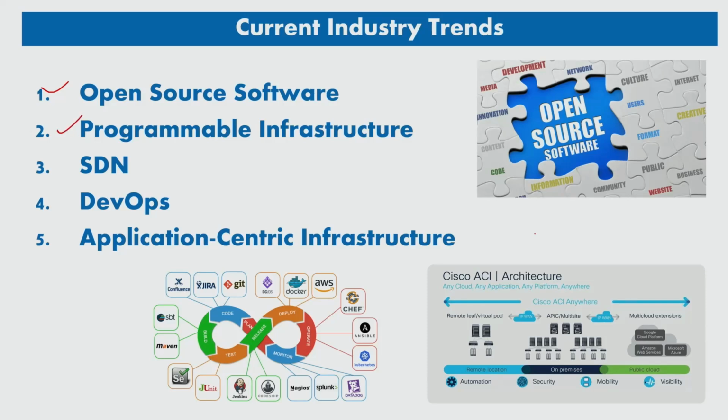Next is programmable infrastructure. A key concept to grasp is network programmability, which aims to significantly reduce human-machine interaction in order to achieve the goals of SDN in the DevOps movement. As a result, network programmability is a very real feature of SDN in use today.